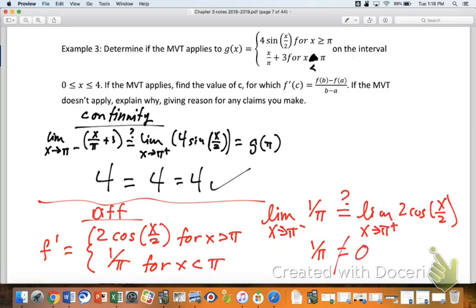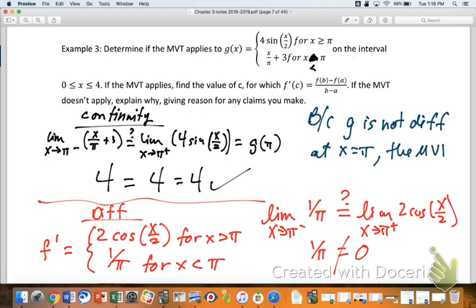Times 2 is just 0. So 1 over pi does not equal 0. So even though this graph was continuous, it is not differentiable. So we'd say something like this to conclude. Because g, sorry, not f, because g is not differentiable at x equals pi, the MVT does not apply.